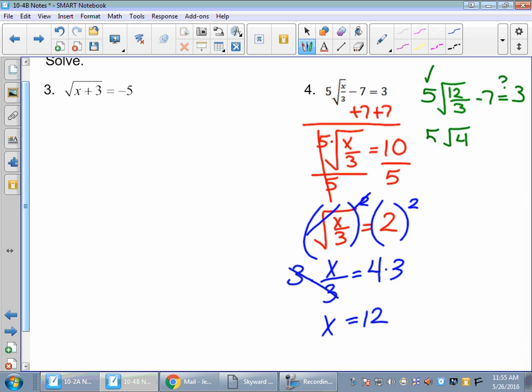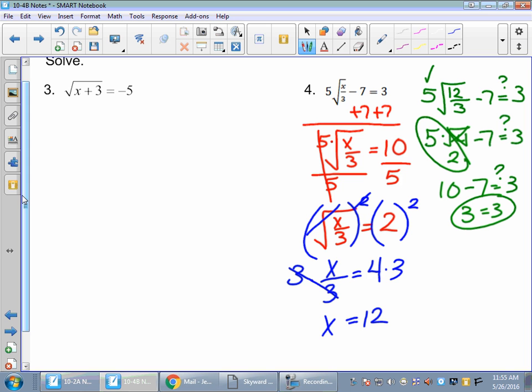So I have 5 times the square root of 4 minus 7. I'm wondering, does that equal 3? That's why I put that question mark there. The square root of 4 is 2. 2 times 5 is 10. 10 minus 7, does that equal 3? 3 is equal to 3. We're good. X equals 12 is a solution.